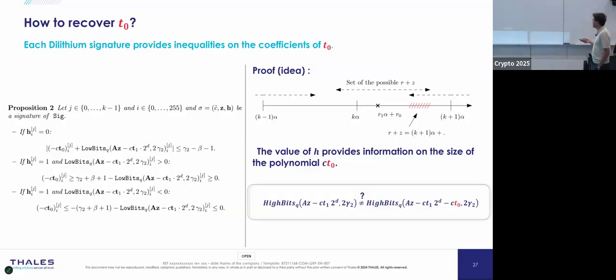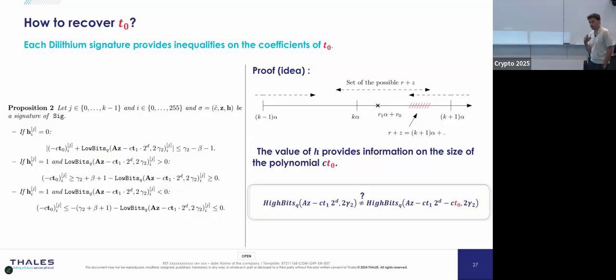And so he knows that in some sense, the secret value minus ct0 was sufficiently close to the value he knows, the low bits of Az minus ct1 2^d, because adding minus ct0 did not change the high bits value that he knows. Formally, if we write the equalities, this gives us an upper bound on the distance between minus ct0 and the low bits of Az minus ct1 2^d. The ideas are the same to prove the two other cases.